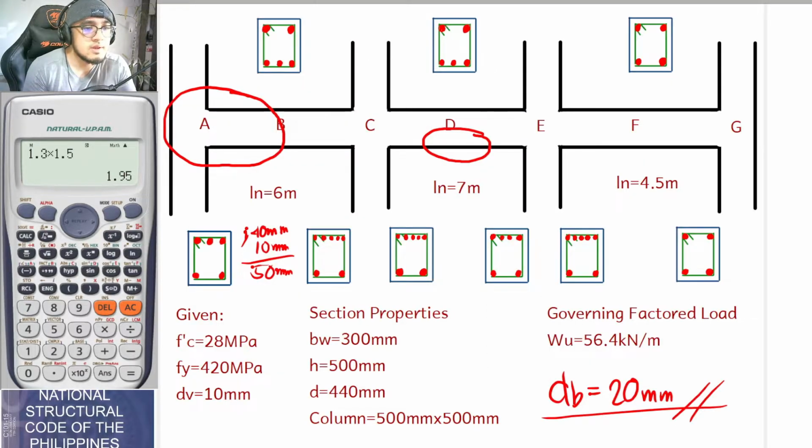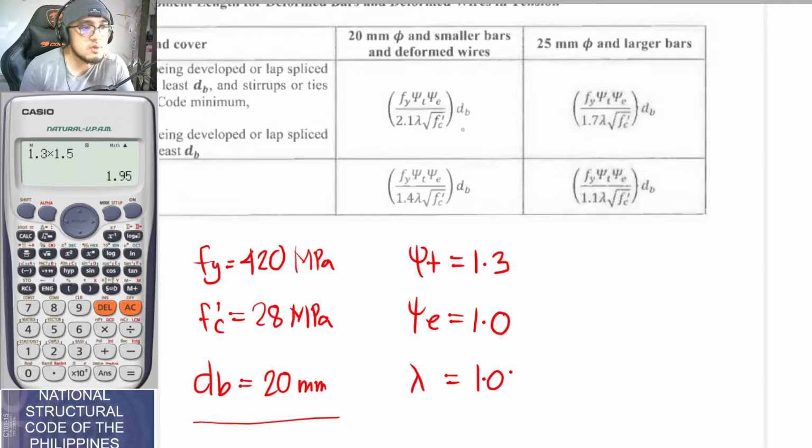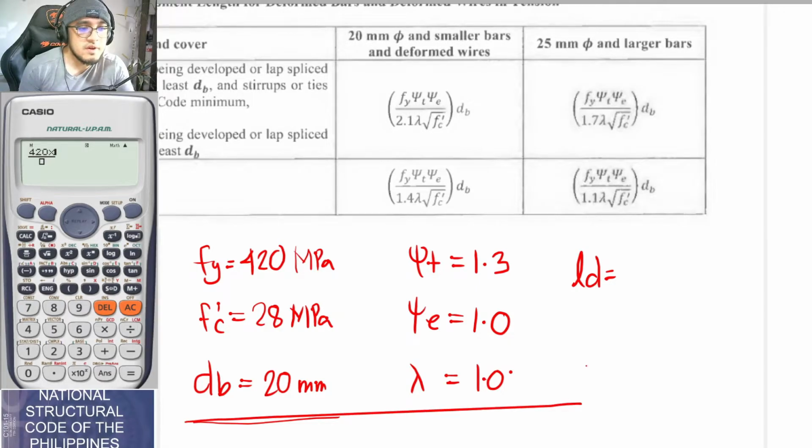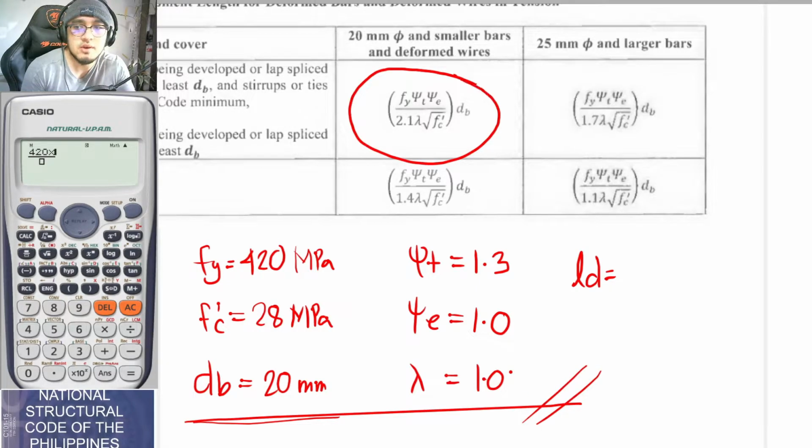Okay, so solving for what needs to be solved here, for your minimum development length, this is equal to fy times psi t. By the way, guys, I am just substituting all of these variables into this equation.